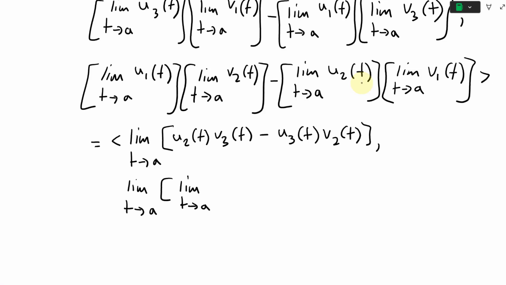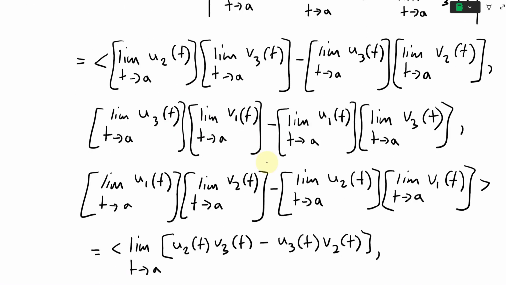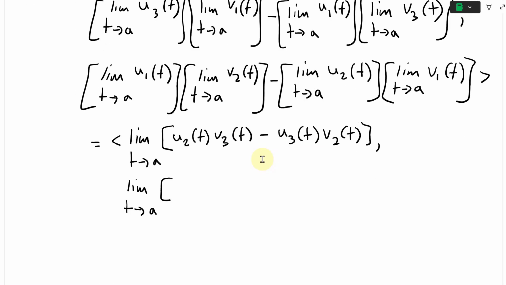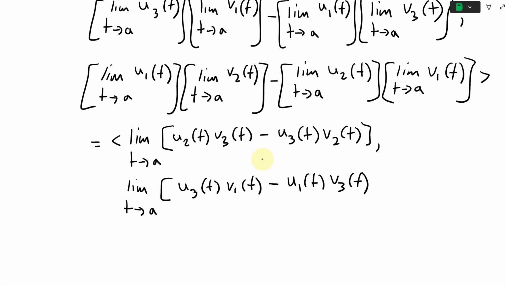Actually, no, we already got rid of this limit right here, my bad. So this is just going to be right here, u3 v1 and then u1 v3. So u3 of t, v1 of t, minus, and then this is going to be u1 of t, v3 of t, like that.